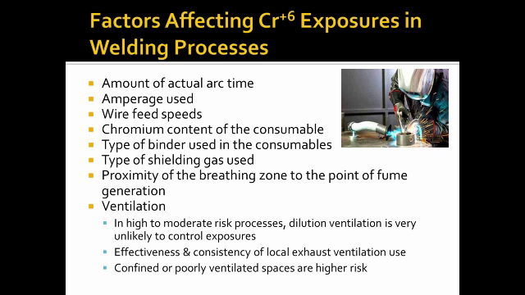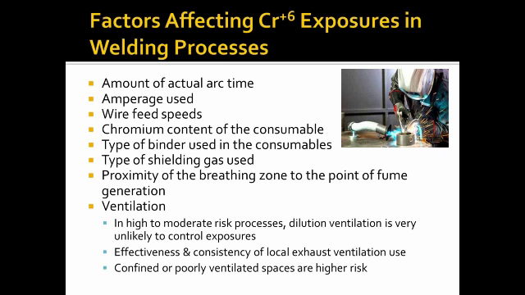If you have grinders working on high chrome alloys in poorly ventilated spaces, maybe large castings which you can't really ventilate very well, there may be an issue with exposure, particularly over action limit types of exposures. I've seen some data that supports that, not necessarily in foundries, but in other types of operations. When you have poor ventilation and a lot of grinding dust generated, you do see some hexavalent chromium there.